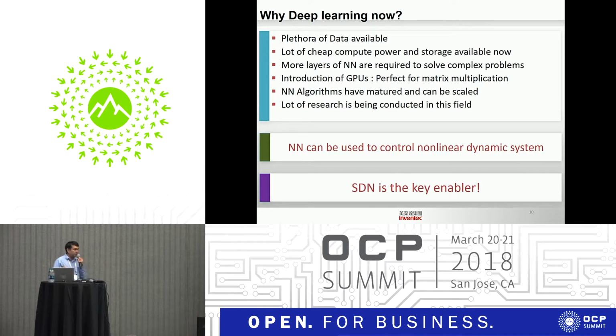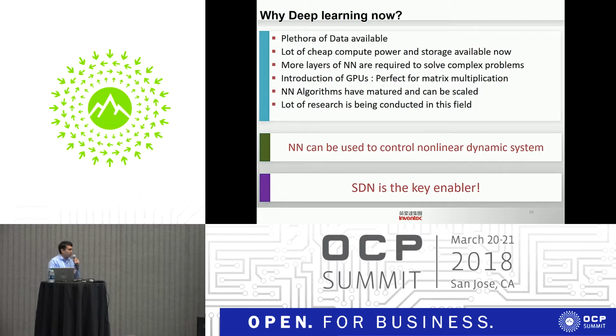That is now possible because GPUs have been very effectively used for matrix multiplications in handling these neural networks. So once you use neural networks, you can get much more information from this type of telemetry.